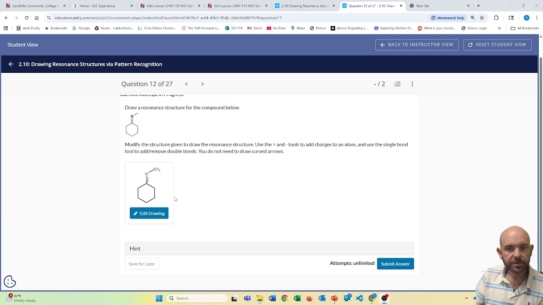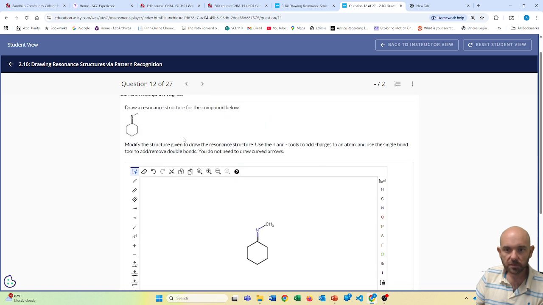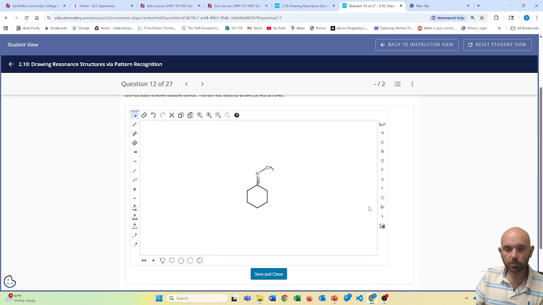So here on question 12, the only thing you're going to draw, once you open the drawing, notice it says draw a resonance structure. So all you're drawing here, no arrows, you're just drawing the finished resonance structure after what happens. So in this case, I will tell you it should be pi bond between atoms of differing electronegativity.